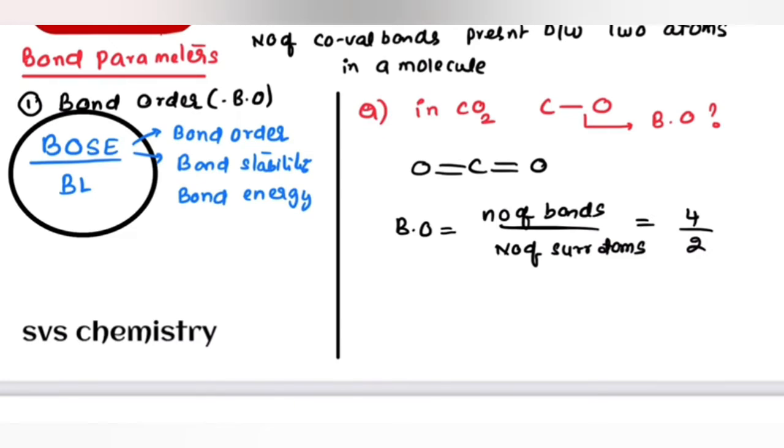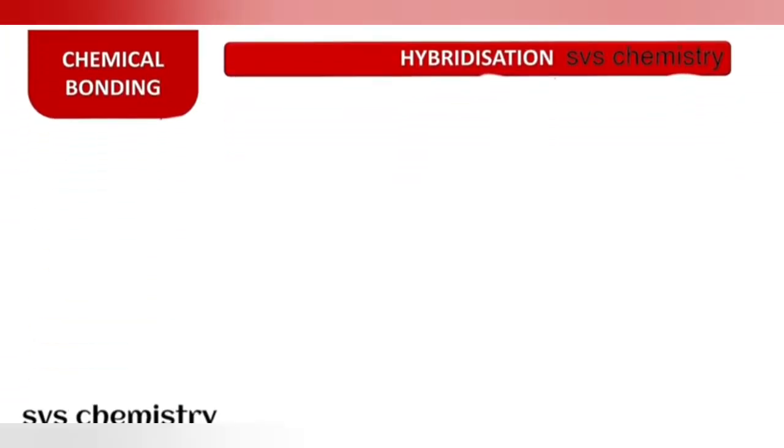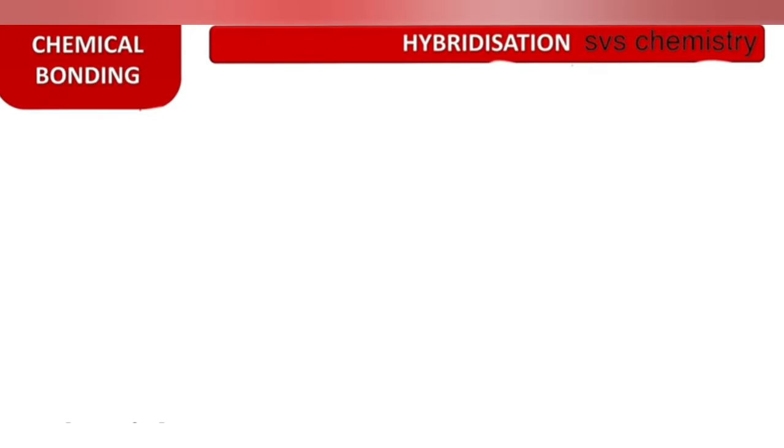So 4 by 2 is 2, that is the answer. Similarly, let me take one more question: in carbonate, CO3 2-, the carbon-oxygen bond order.